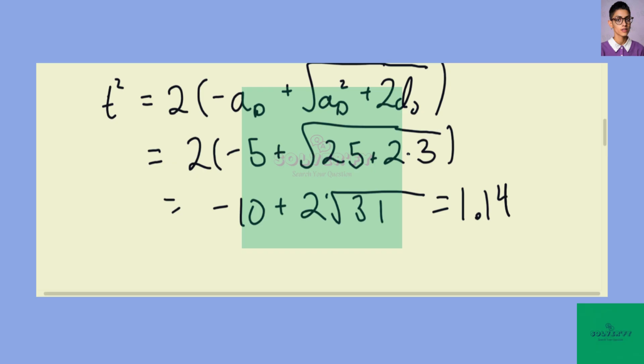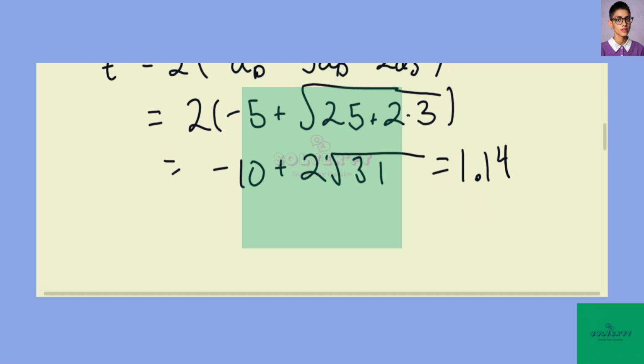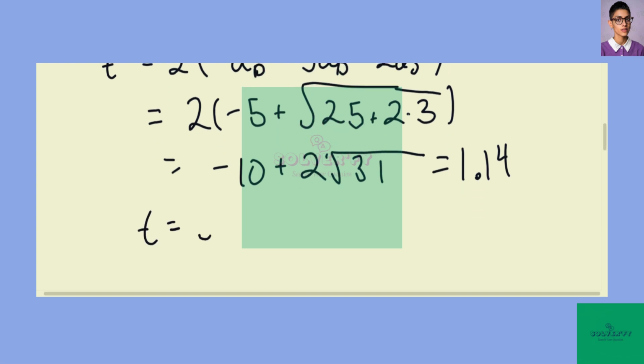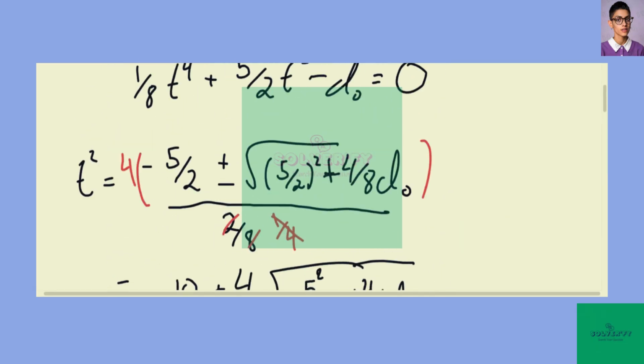So 2 times square root of 31 minus 10, and that's about 1.14. And t is just the square root of that, and that is about 1.07 seconds.